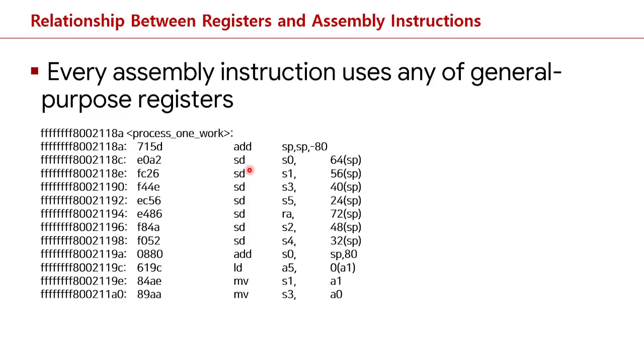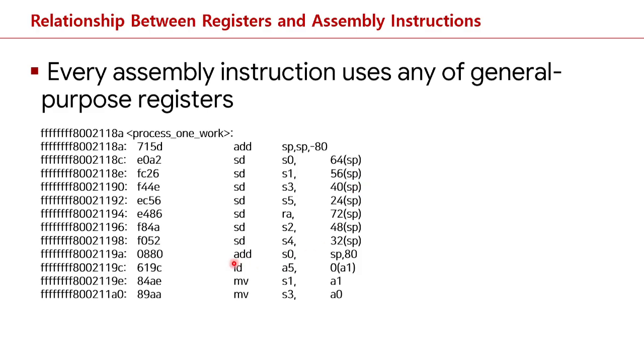This instruction is used to store the data into a memory area. The memory area is the stack area in the assembly block. As you can see, S0, S1, S3, S5 are general purpose registers in the RISC-V architecture. After we run this instruction, the value of these registers will be stored into the stack area in this process.